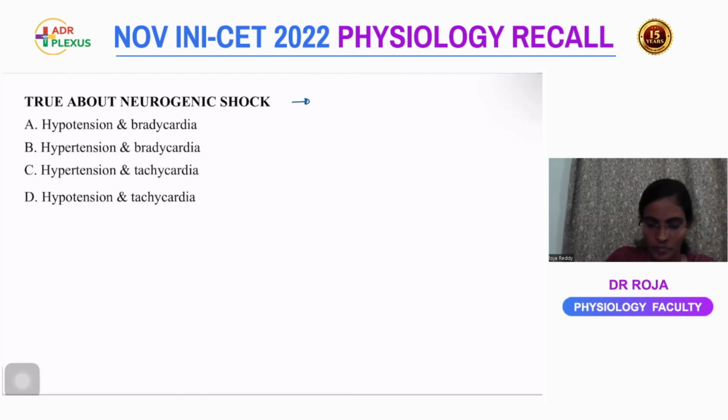The most common cause is spinal cord injury or transection of the spinal cord, or a condition like GB syndrome, Guillain-Barré syndrome.